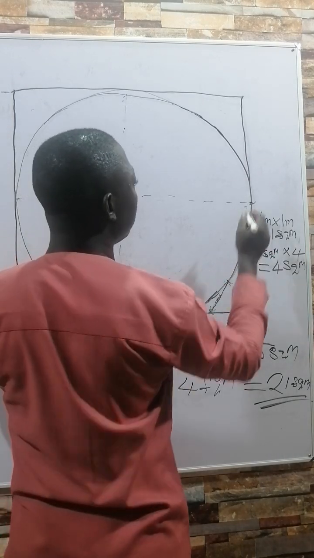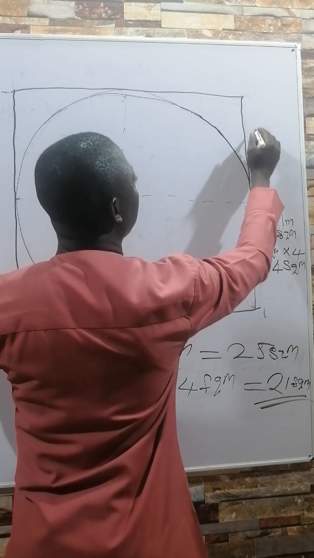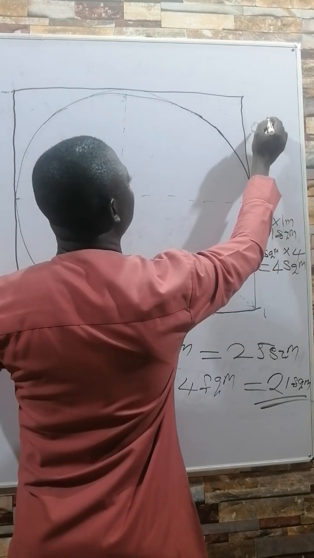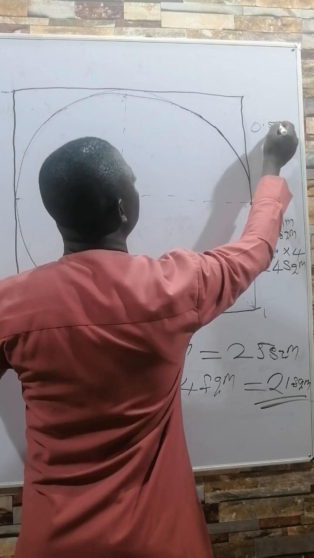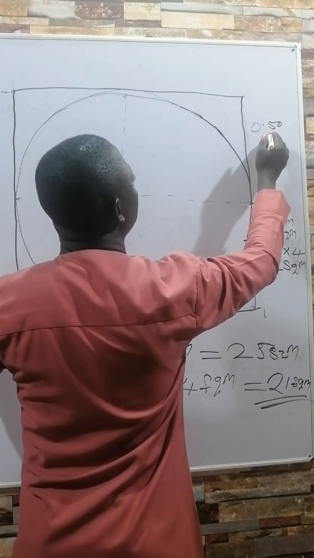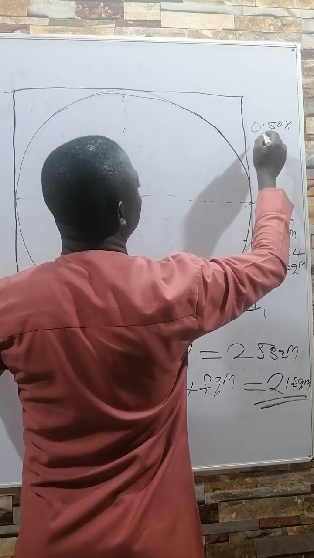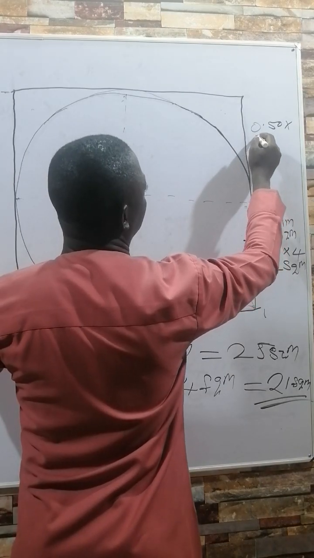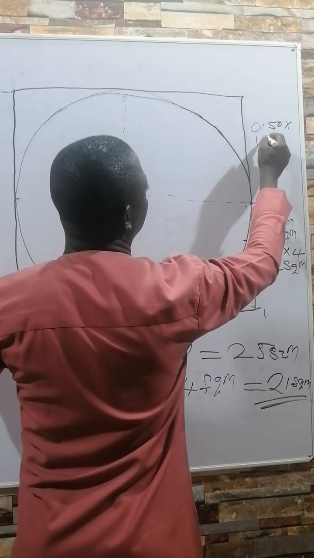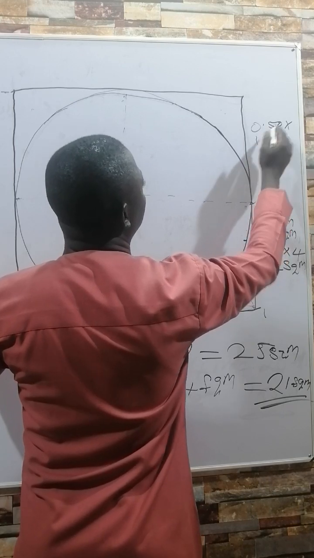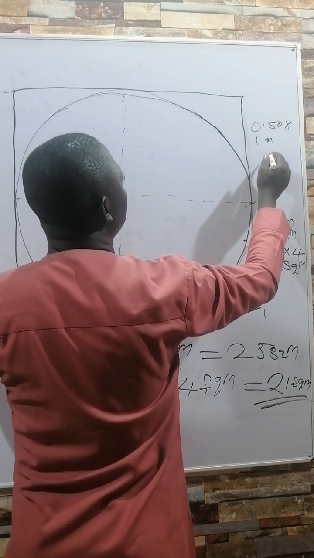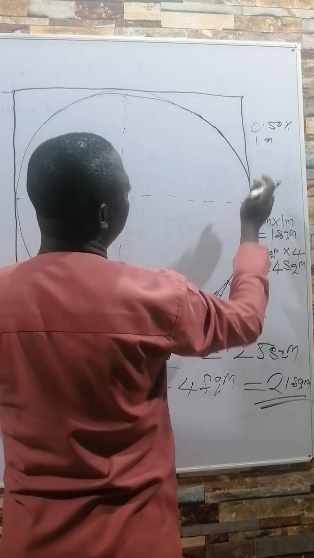Whatever you get from here to here, then here to here, you multiply it. For instance, you get 0.50 by 1 meter.